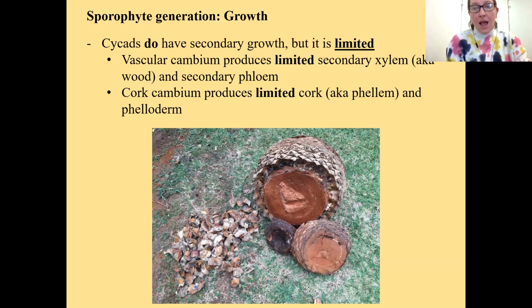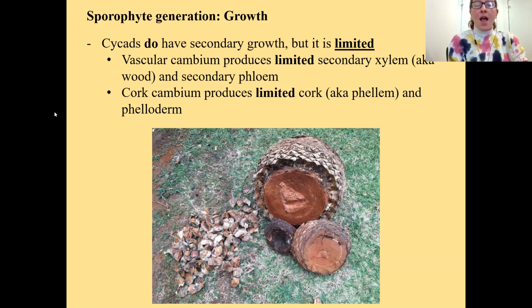And what that means is, when you think of secondary growth, think of the trunk of a tree that's trying to get wider, right? And when you think of the trunk of that tree, what do you think about it? It's hard, it's woody, right?